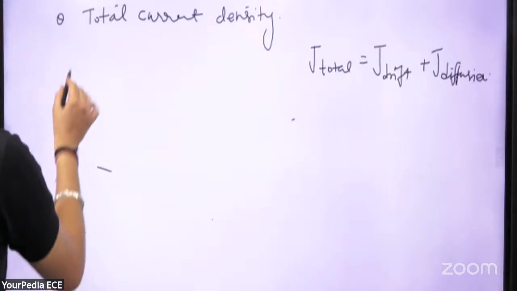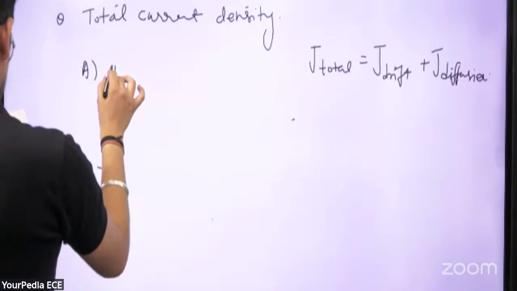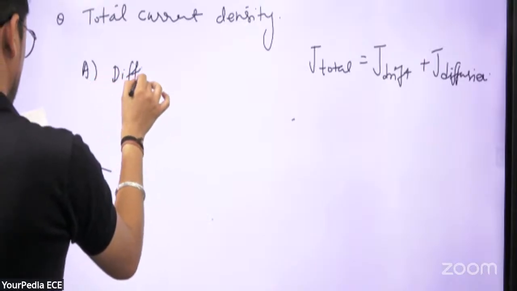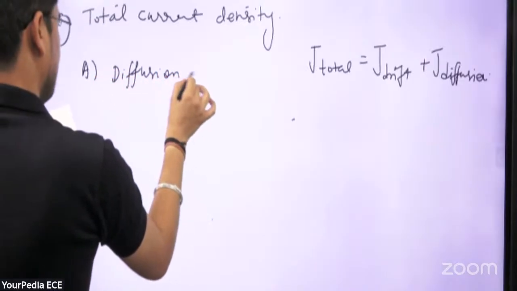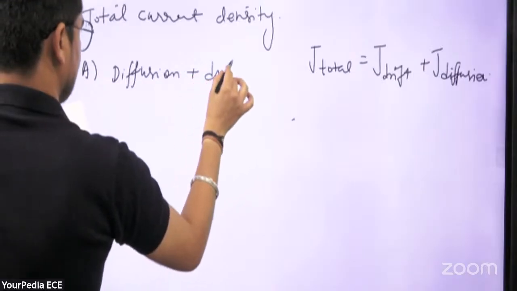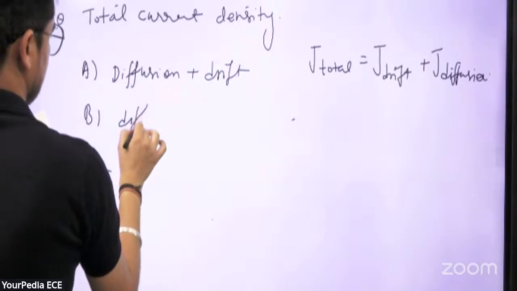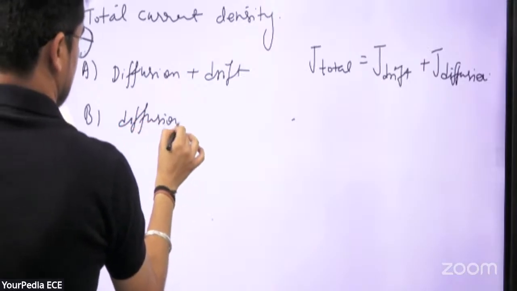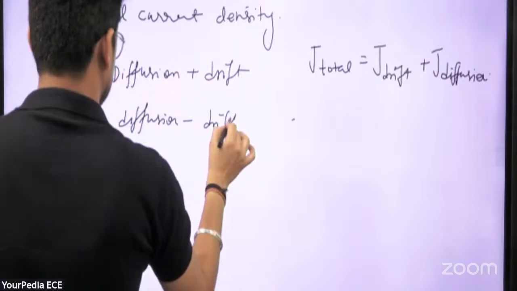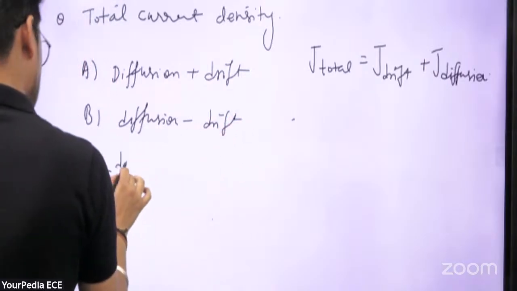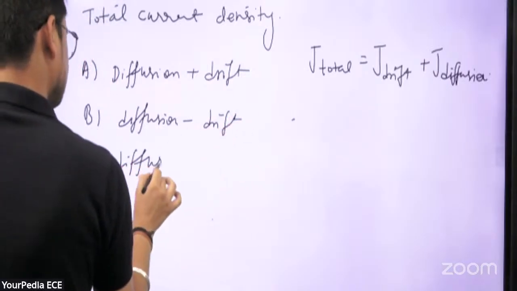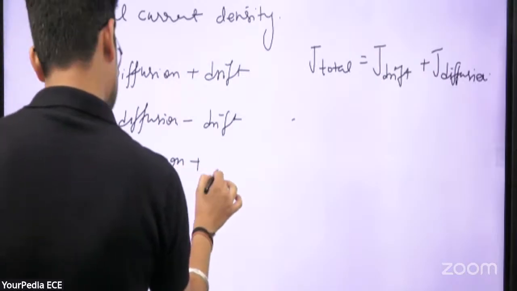So what are the options? Let me write the options which I am getting from the students. Diffusion plus drift. The second option, diffusion minus drift. Third option, diffusion plus drift by 2.